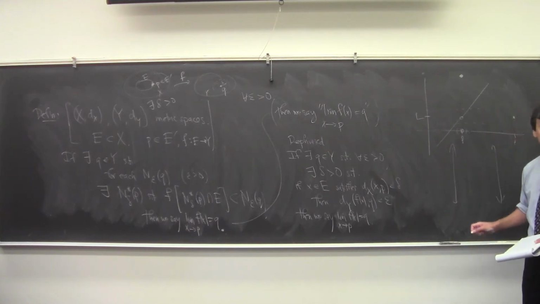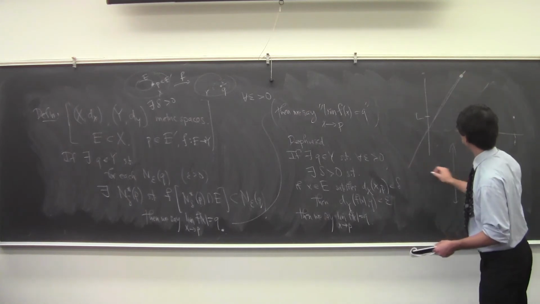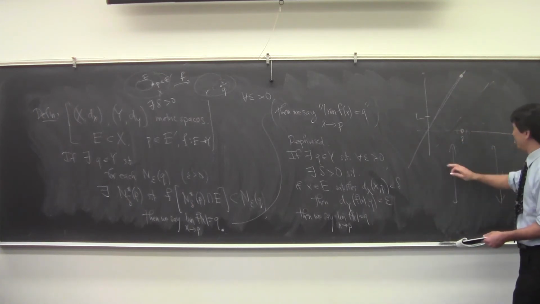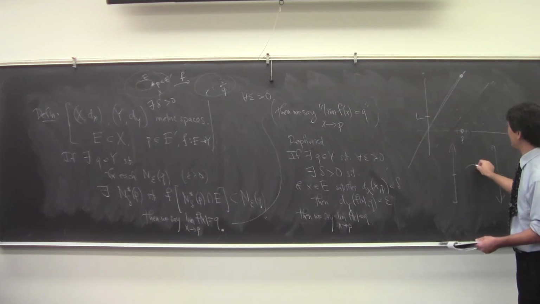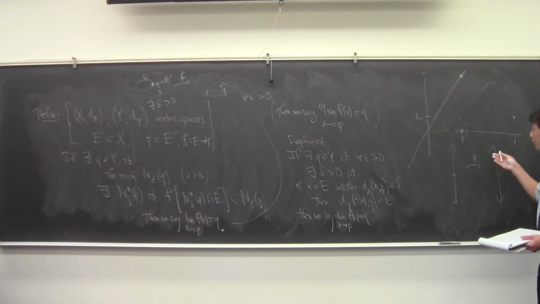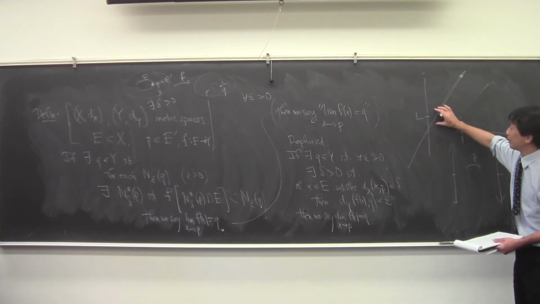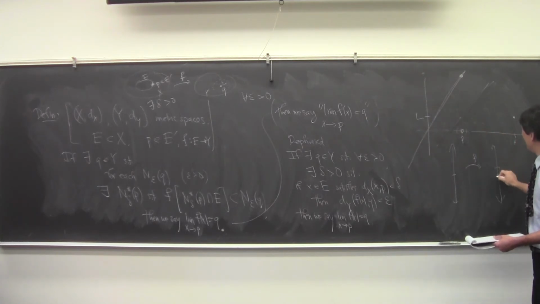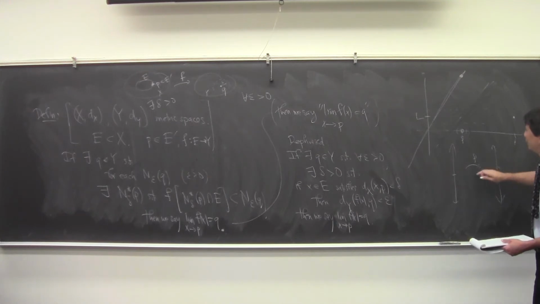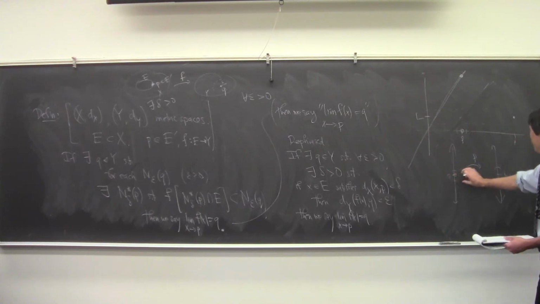Instead of thinking of it as a graph, we're thinking of it as a mapping. f goes from here to here. And what the limit means is the same thing as we have here: given any bounds around L, there's some punctured neighborhood around P where everybody gets mapped into that epsilon neighborhood.